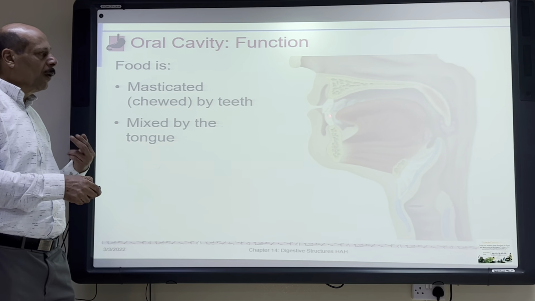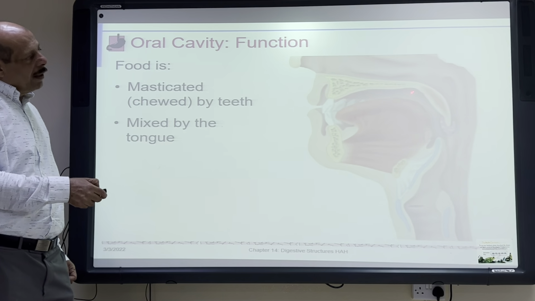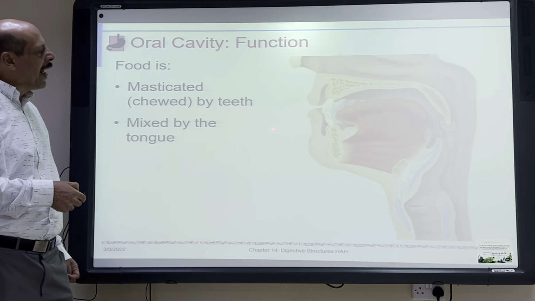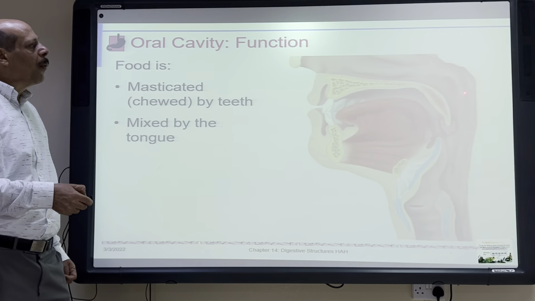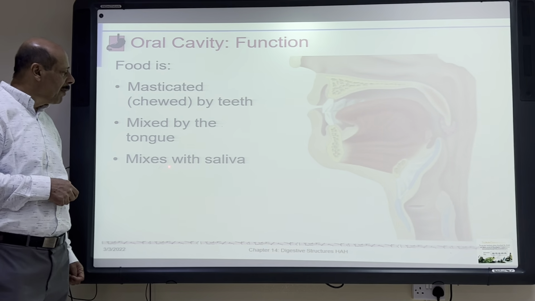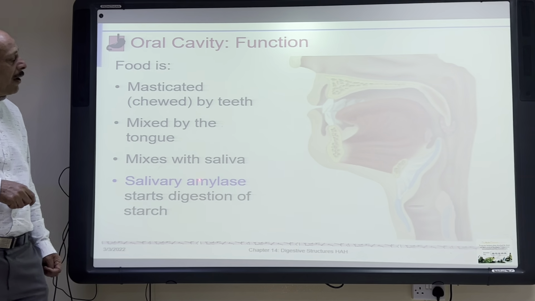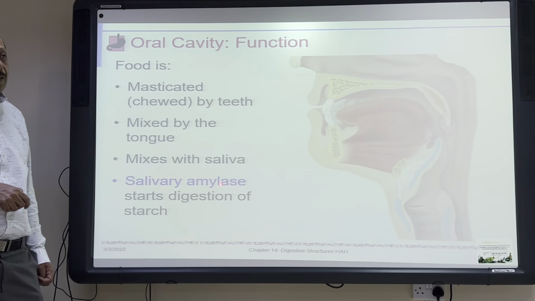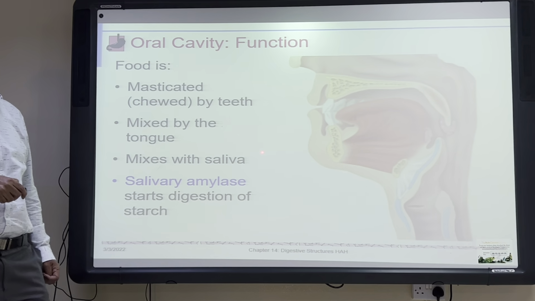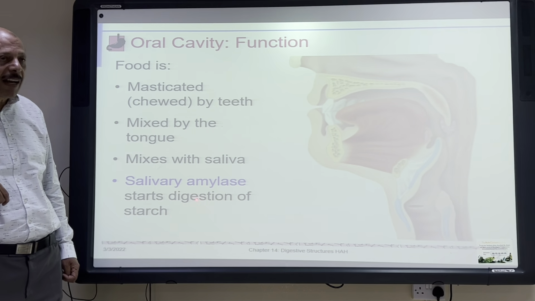When we take the food, we cut it with our teeth and mix it with the saliva, and the food itself is mixed by the tongue. In saliva, we have the amylase. So we have salivary amylase.